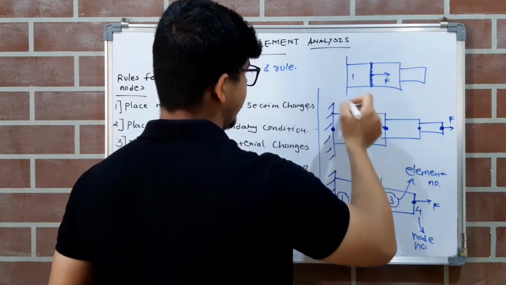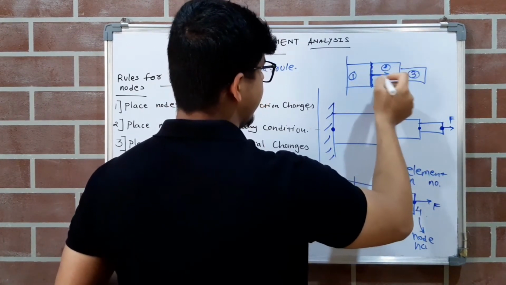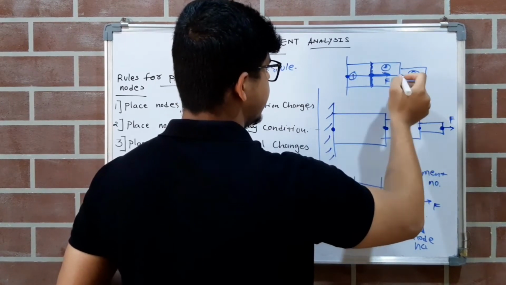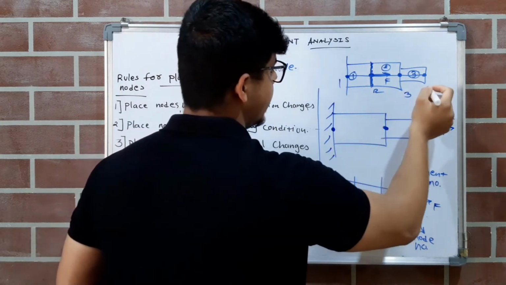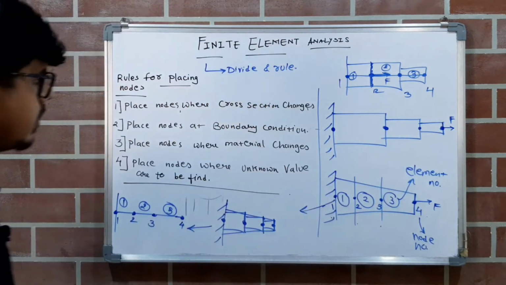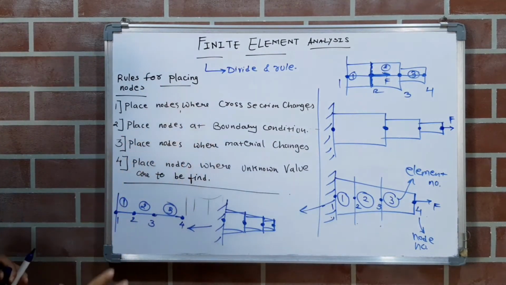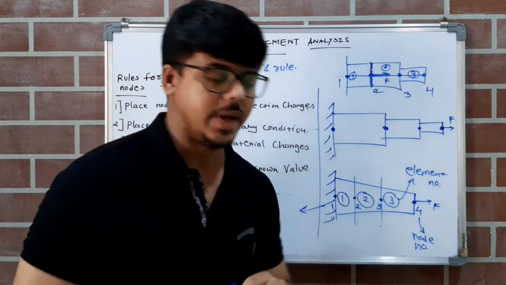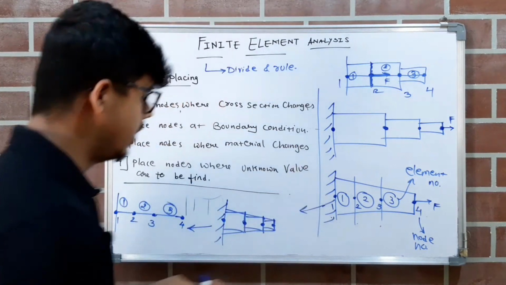So this is our element 1, element 2, element 3, right? We have kept the node at this point. So this is the node, this is the node, and this is the node, right? Node 1, node 2, node 3, and node 4. So I hope you got the idea. These are the 4 important rules which you have to keep in mind in order to solve the problems of this bar element. Now we will see the element connectivity table.